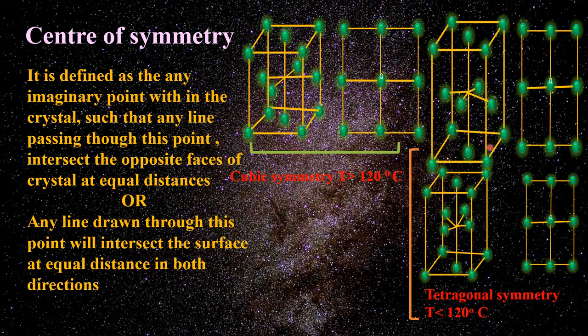And here this one is the tetragonal symmetry. Again, here you can see the center of symmetry, and all imaginary lines passing through this point intersect this tetragonal crystal into two equal parts at equal distance on the opposite sides.